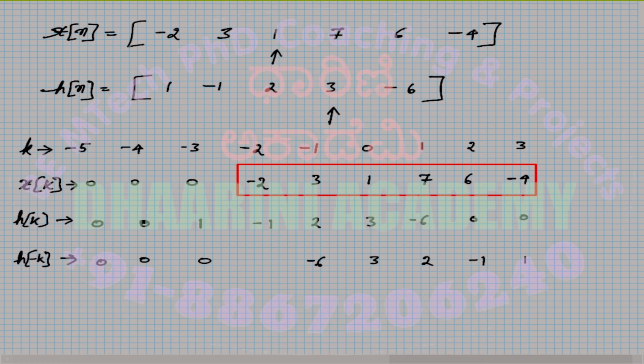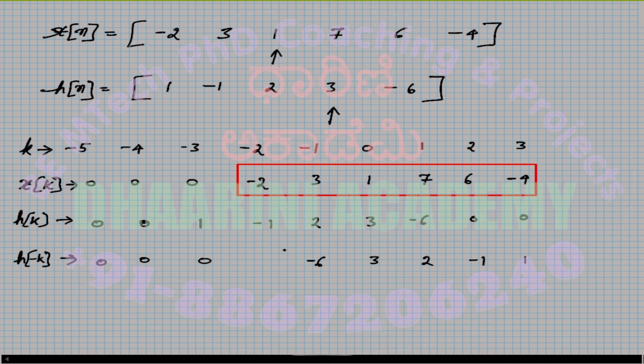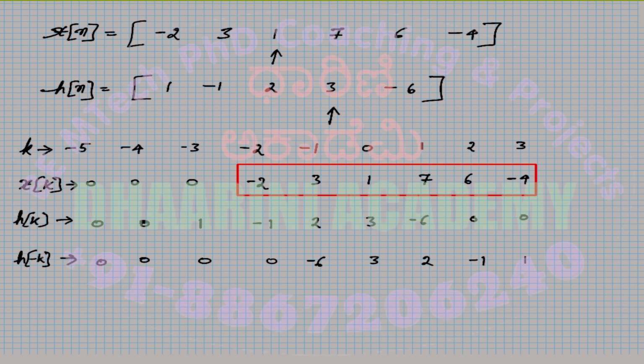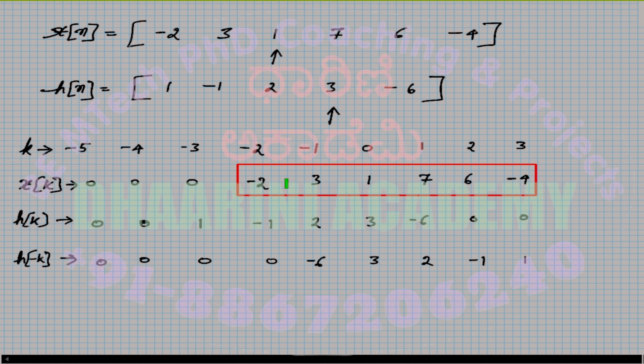I'll just write back. So this is -6, 0, 0. All right, now you see, the two sequences actually are already overlapped completely. It's already entered. I actually expected only 1 or 2 points overlapping, but that is not happening.